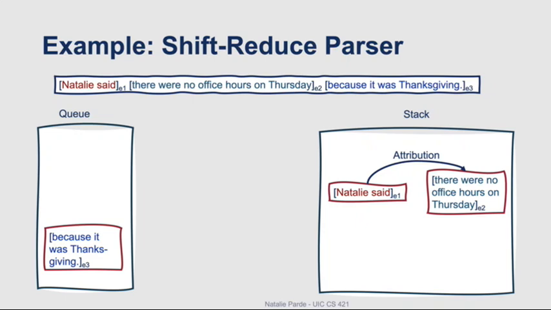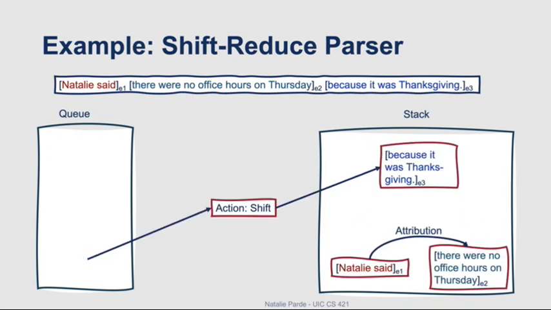We can't do a reduce because we'd need two subtrees in the stack, and we can't do a pop because there's still an EDU in the queue. Obviously, this isn't the final subtree. So we'll perform a shift action and shift our last EDU from the queue to the stack as a single node subtree. There are no EDUs left in the queue at this point, so we can't perform any more shift operations. We also can't perform a pop operation because we don't have a final subtree.